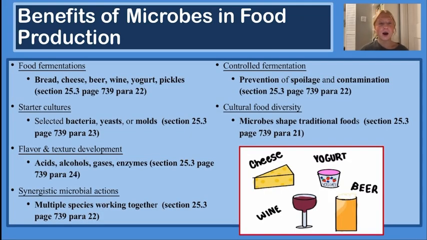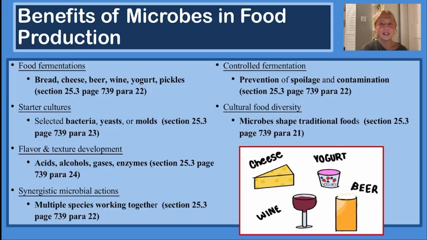So now what I was really interested in was microbes in the food industry. They play a crucial and intentional role in food production through fermentation, which is used to make everyday products like bread, cheese, beer, yogurt, wine, and even pickles.